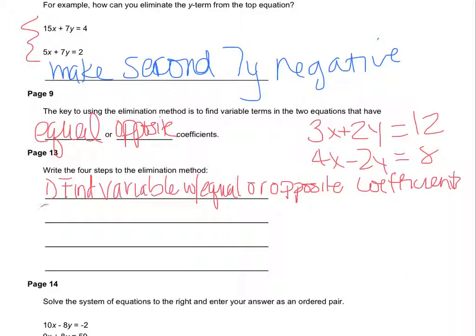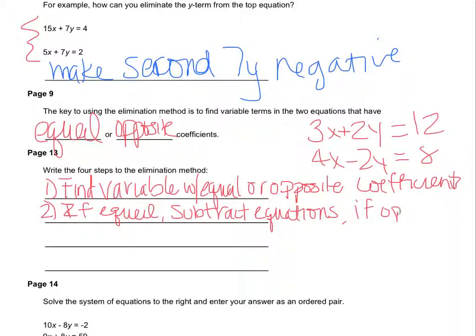Our second step is that if they're equal, subtract the equations, and if they're opposite, add. And we'll go through some examples that talk about what all this means.